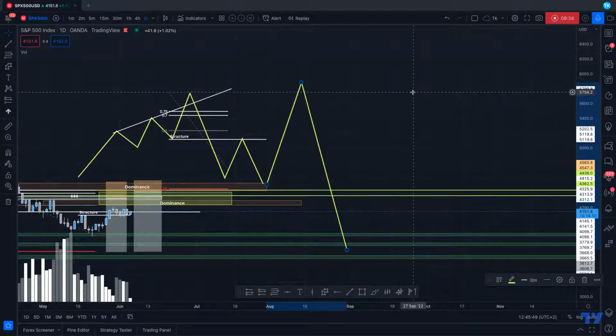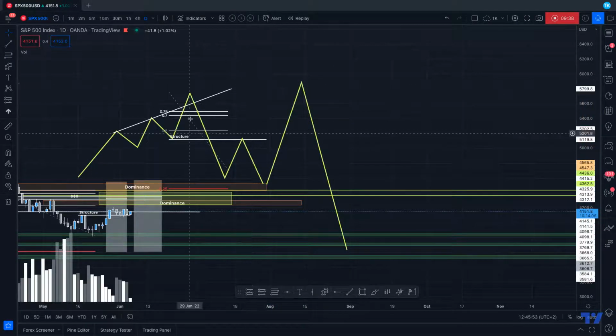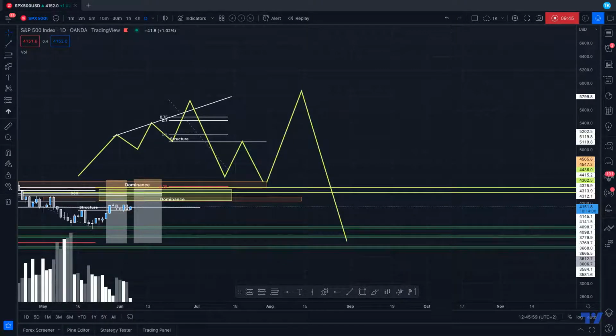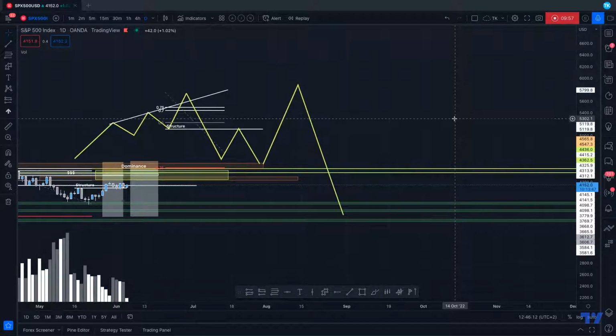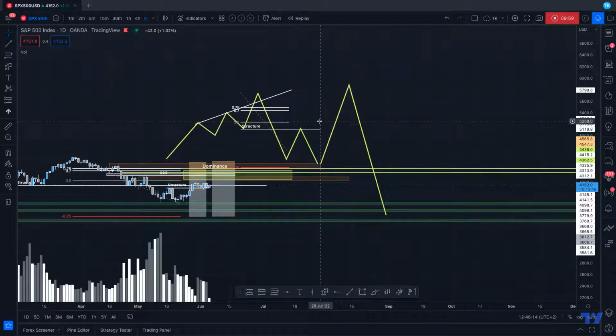Okay, so how to avoid this? Using a larger stop loss, which is pretty much difficult, and this could also be considering a lower risk reward trade, which I don't like.